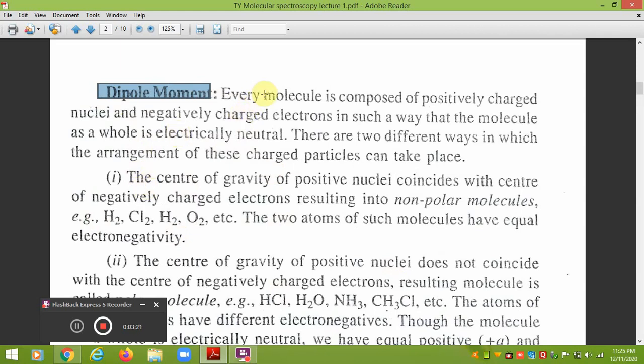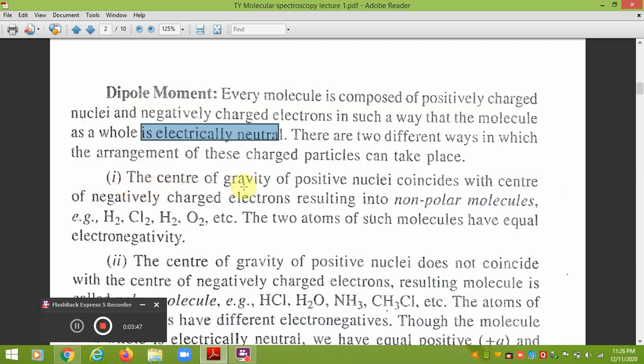Generally, it is observed that every molecule is composed of positively charged nuclei and negatively charged electrons, in such a way that the whole molecule is electrically neutral. It means that the number of positive charges in the nucleus is always equal to the number of negatively charged electrons revolving around the nucleus. There are two different ways in which the arrangement of these particles can be possible.